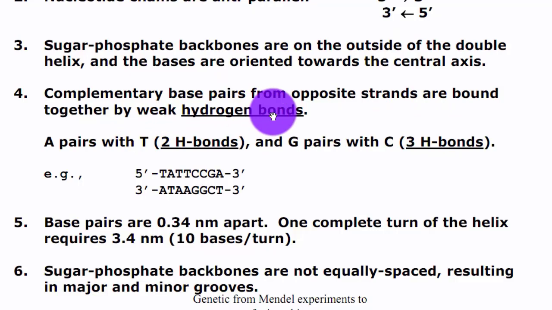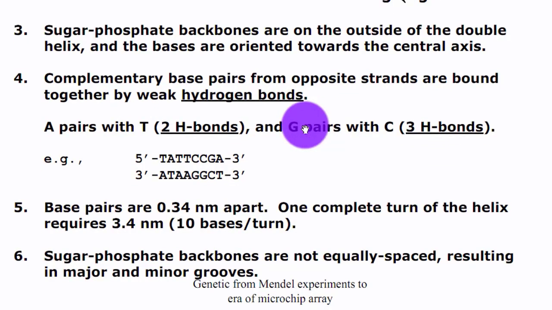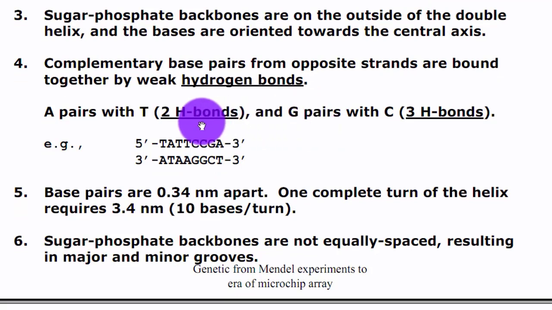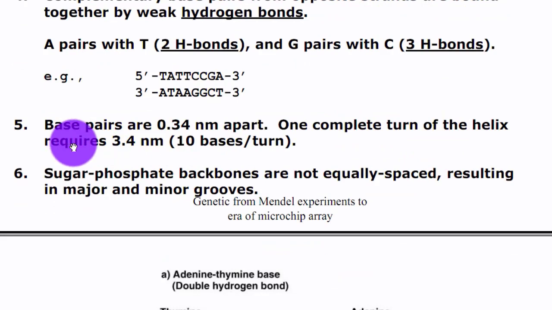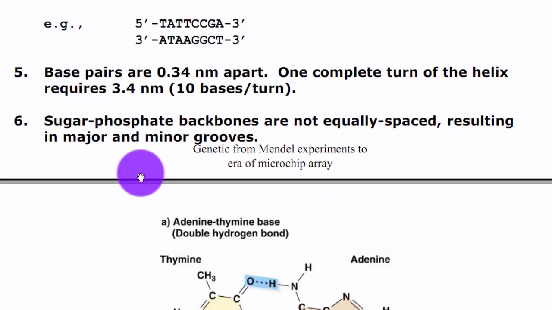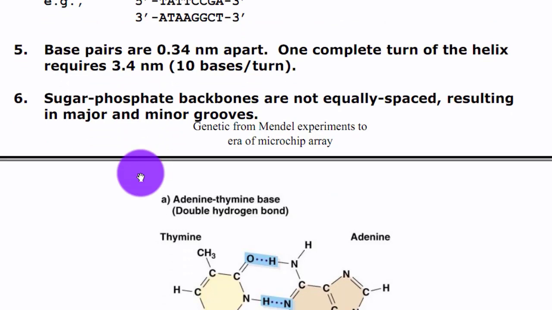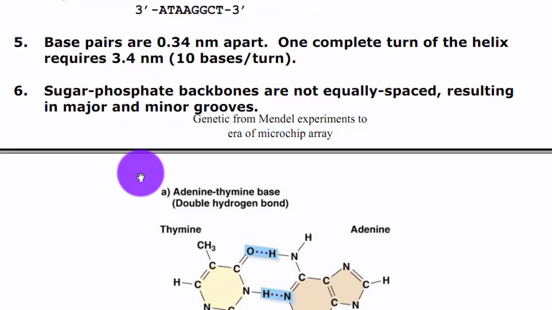Complementary base pairs from opposite strands are bound together by weak hydrogen bonds. A pairs with T with 2 hydrogen bonds, and G pairs with C with 3 hydrogen bonds. Base pairs are 0.34 nanometers apart. One complete turn of the helix requires 3.4 nanometers, with 10 bases per turn.